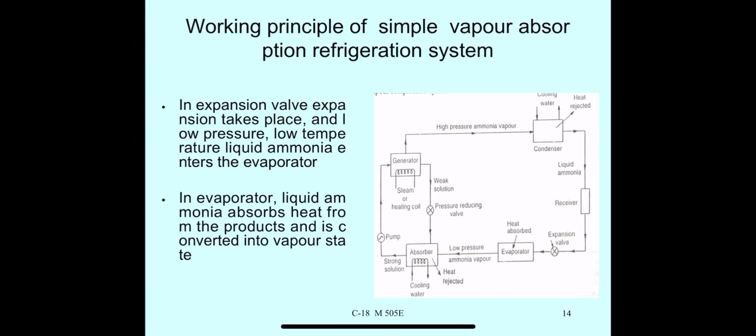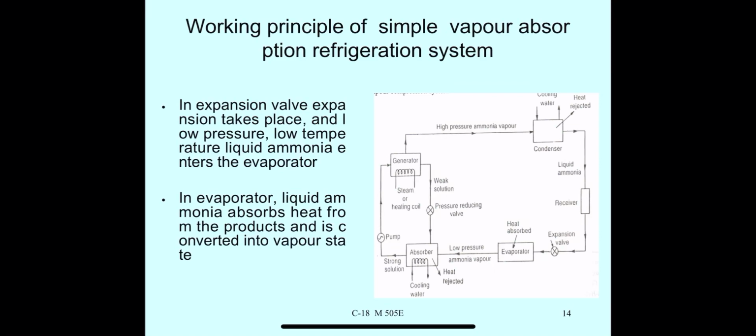In the evaporator, the liquid ammonia absorbs the heat from the products and is converted into vapor state. Again, the vapor refrigerant is sent to the absorber at low pressure.